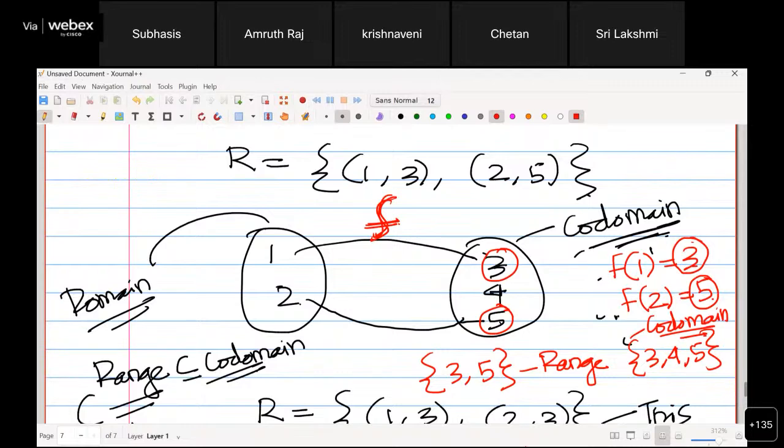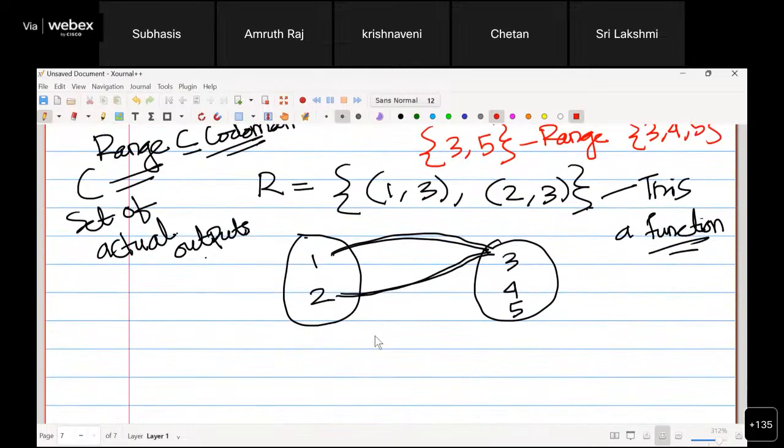Range is the actual output, and the codomain is the set of all possible outputs. This is also a function. What is the codomain of this function? 3, 4 and 5.